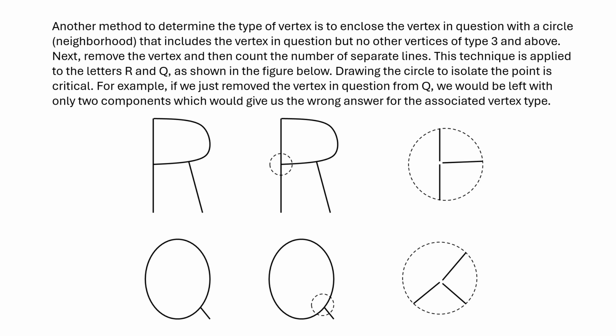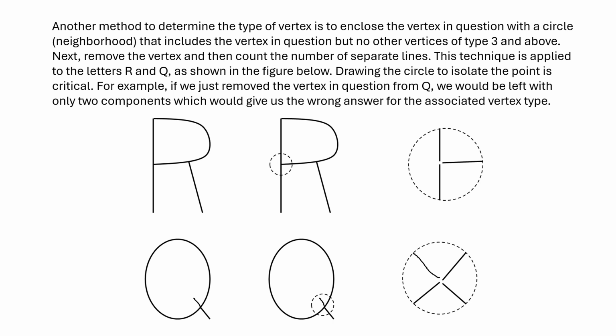If we had this Q, which is another valid way of drawing a Q, then of course we'd have another line here, and when we did the analysis, we would have a 4th line. So in that case, it would be a vertex of order 4, a 4 vertex. So again, the type of script that's used was important.